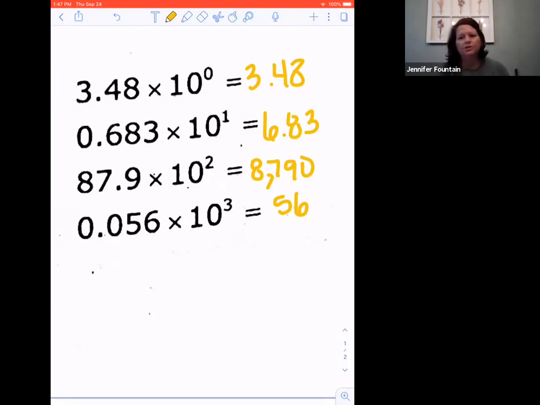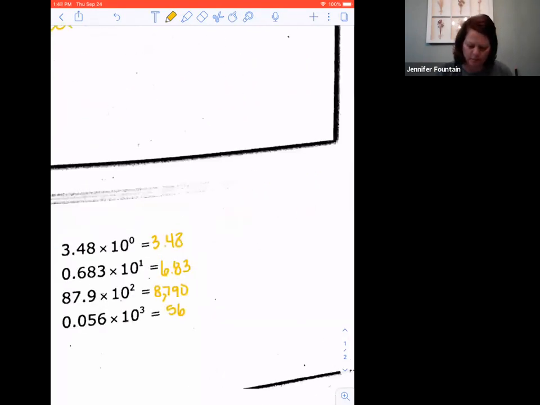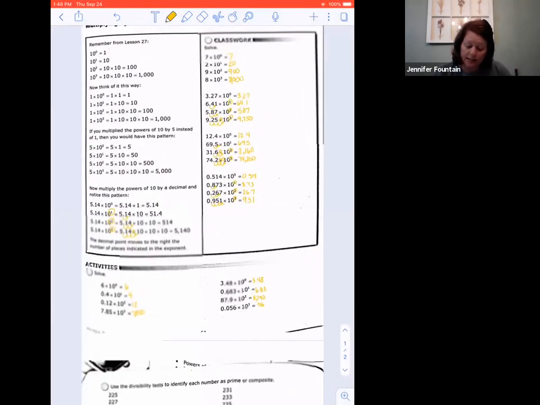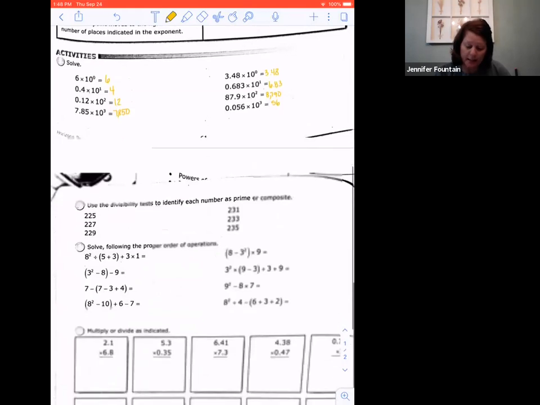And once you're finished, check your answers. And the last column. Oh, or is that? That's it. My bad. Okay, so that's all multiplying by 10 is.